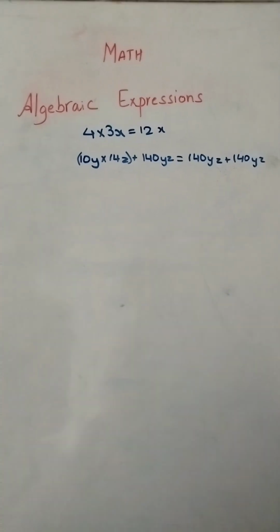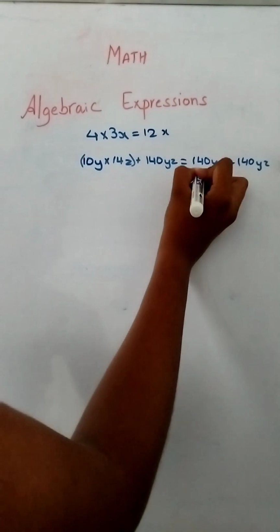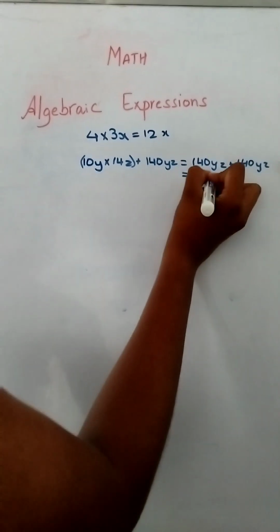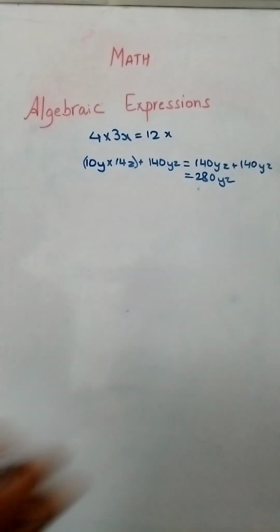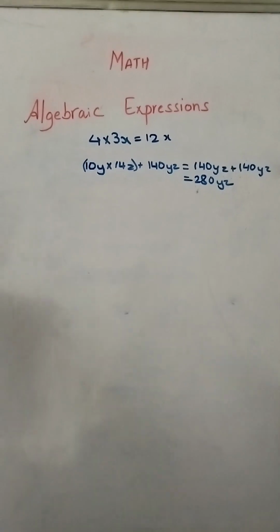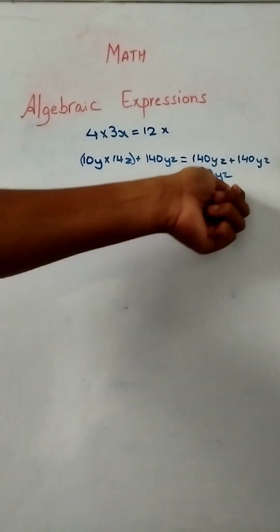We have to always leave the variables the same. So these two are equal to 280yz. Remember that the variables again do not square themselves, they just take another copy of themselves and put it at the very end.